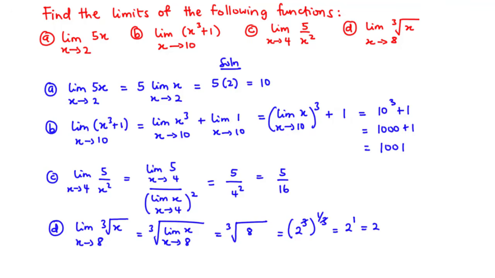Now let's consider some more complex examples. So how do we find the limit of the function x squared plus 3x minus 4 divided by x squared minus 1 as x approaches 1? Now let's try to substitute 1 into this limit.